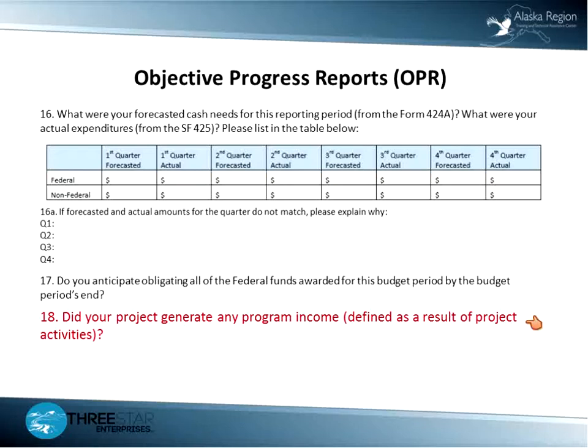And that is defined by the project activities you wrote in your grant application. So if you receive funding to do a project that does generate program income, please remember that you do have to check this off, and you do it when you generate the income.